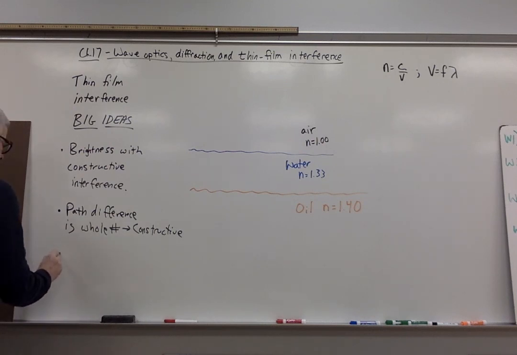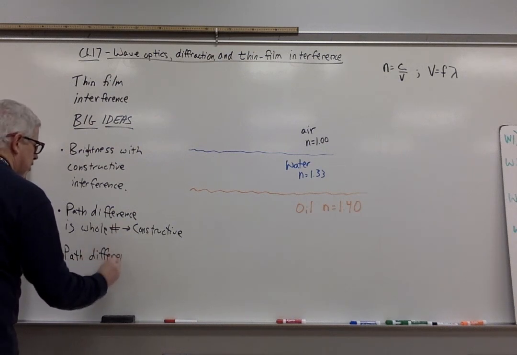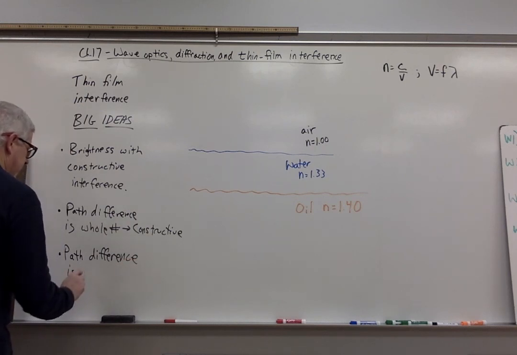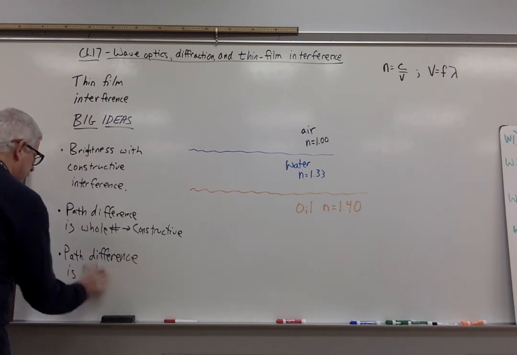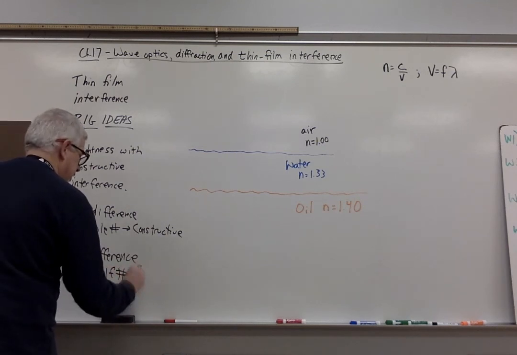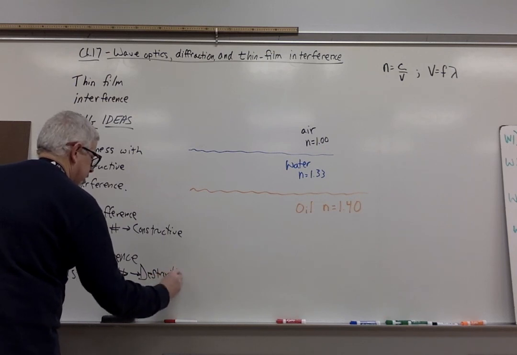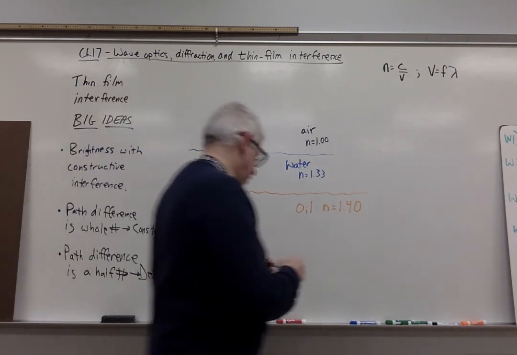Path difference that is a half number, that is destructive interference. So kind of important.